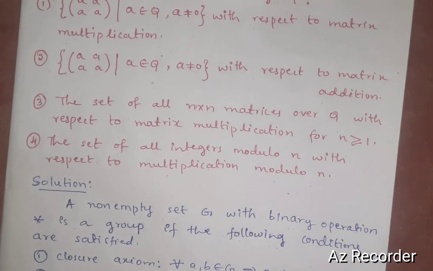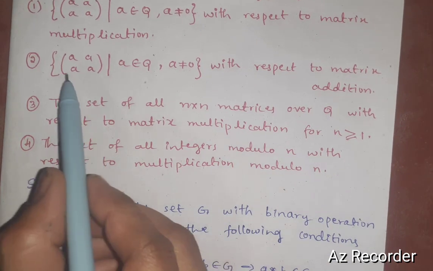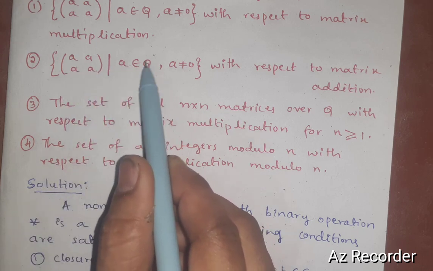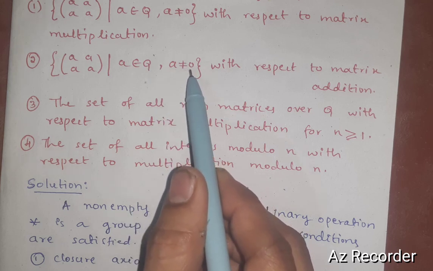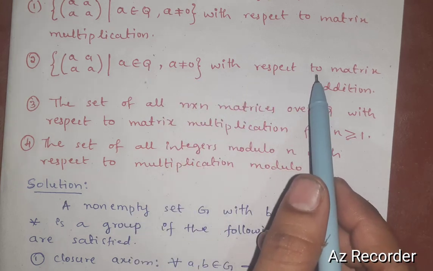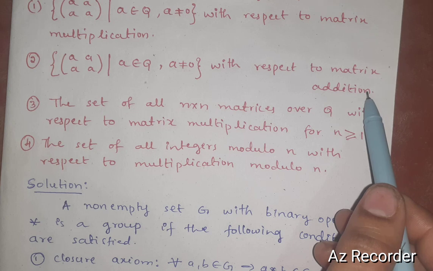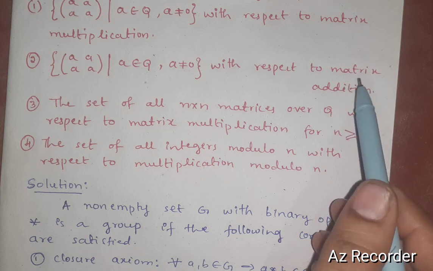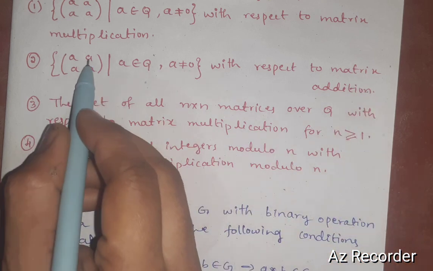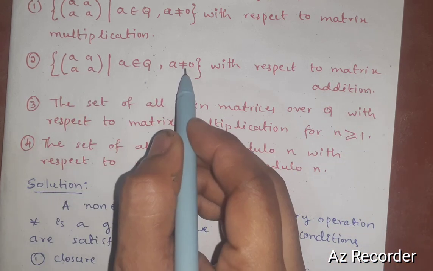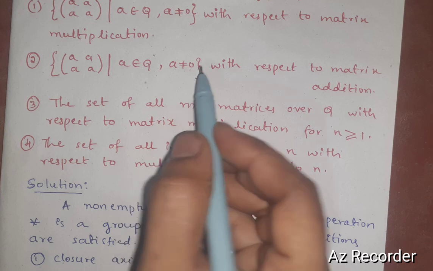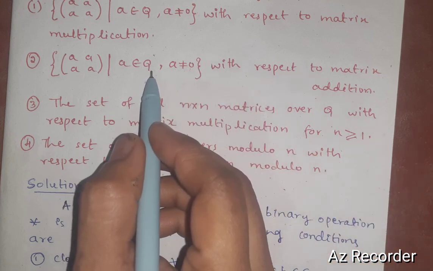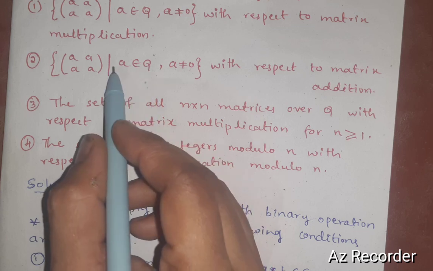Here in option number 2, they have given the set of all 2 by 2 matrices whose entries are rationals and A is not equal to 0, with binary operation matrix addition. For matrix addition, we know that the identity element is the zero matrix, but they have given A is not equal to 0. So for this operation, the identity matrix, the zero matrix, does not belong to this set.